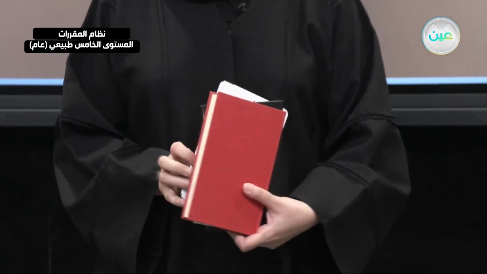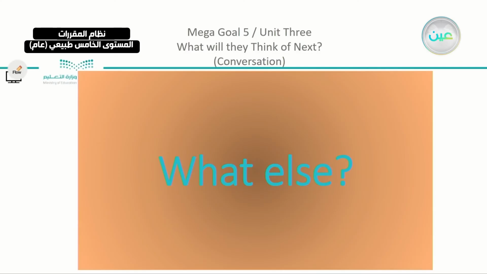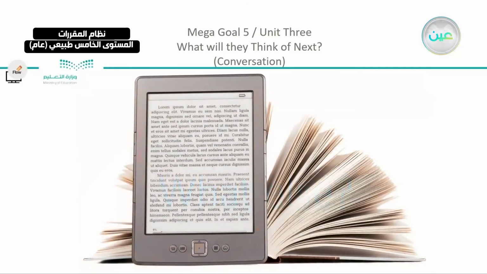So we have here the conversation in the book, which is the main topic of the lesson. It is about a boy and his grandmother. They have a discussion about the two kinds of books: the old book, or the regular books that we enjoy, and the electronic books.